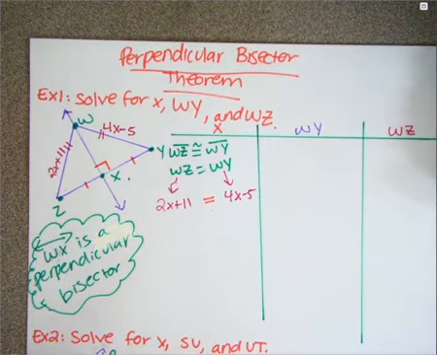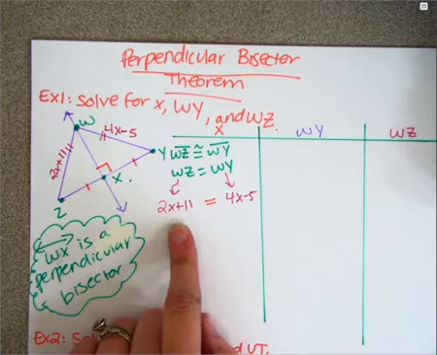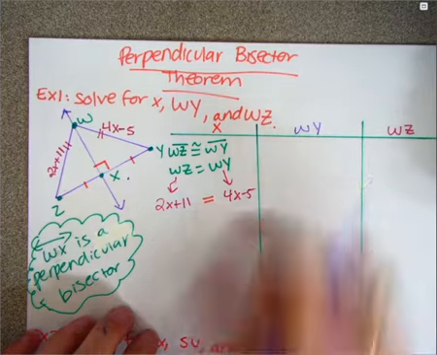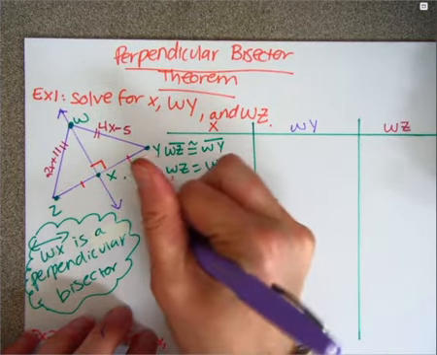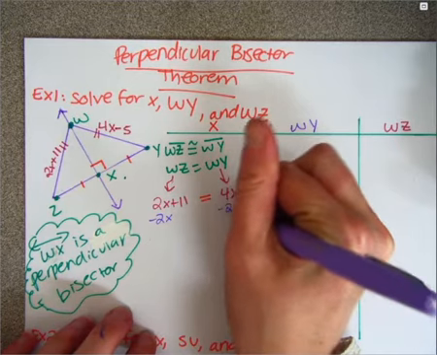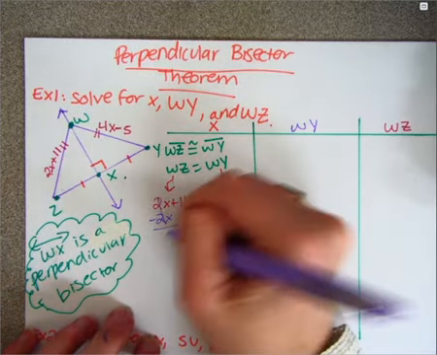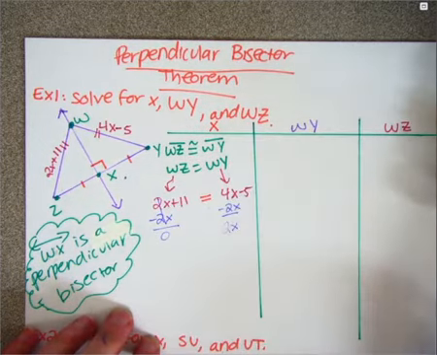Currently, the x's are on separate sides of my equation, and they are besties. It's wrong to keep besties apart. So I need to move 2x to the other side to join its best friend, which is the 4x. So 2x minus 2x will cancel and turn to 0. 4x minus 2x will become 2x.